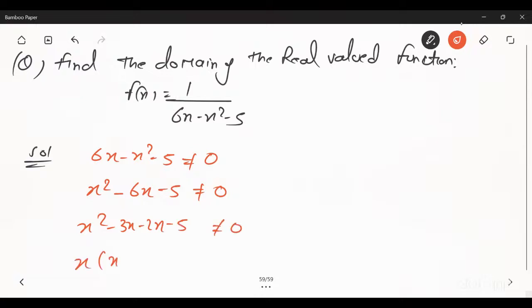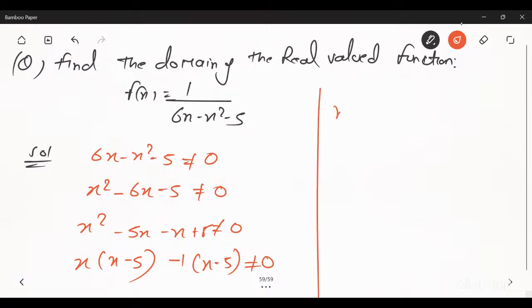So this can be broken into minus 5x and minus x. So x square minus 5x minus x plus 5 does not equal to 0. If you take x common from the first part, you will get x minus 5, and minus 1 common from the second part, you will get x minus 5 does not equal to 0.